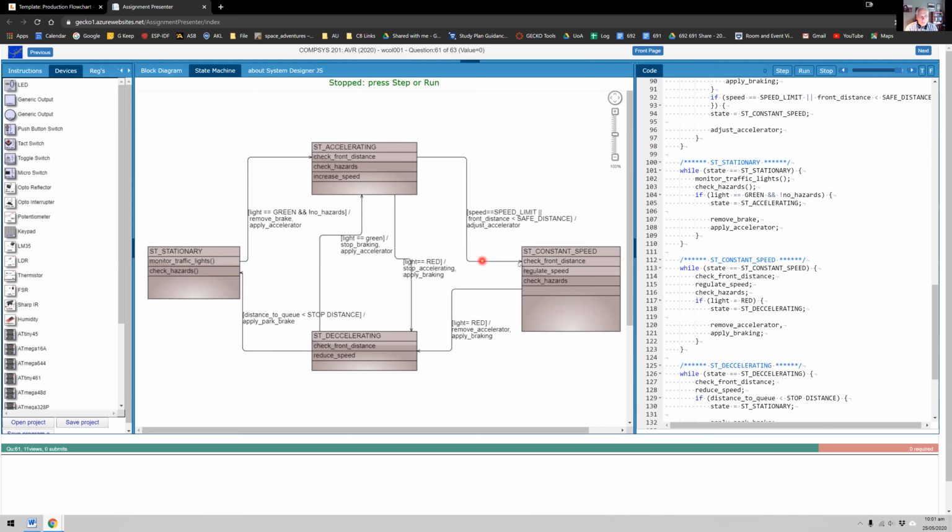Right. Now, if the light is green and there are no hazards, so no hazards would have to be some sort of variable, then we can change the state to accelerating. What that does is it changes the value in the state variable to another value. It's no longer this one. If this is 1, this might be 2.